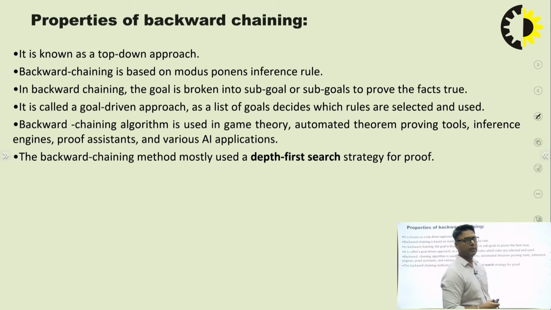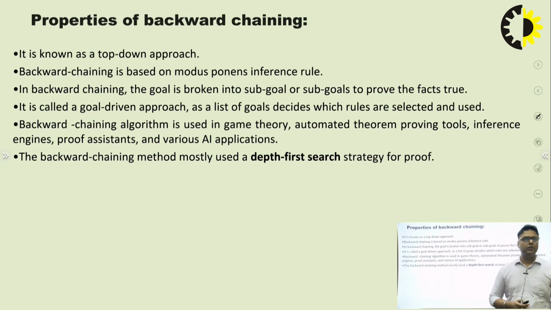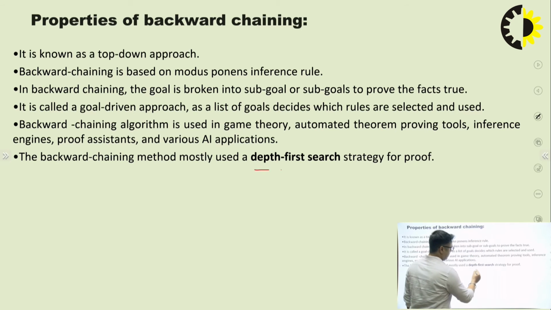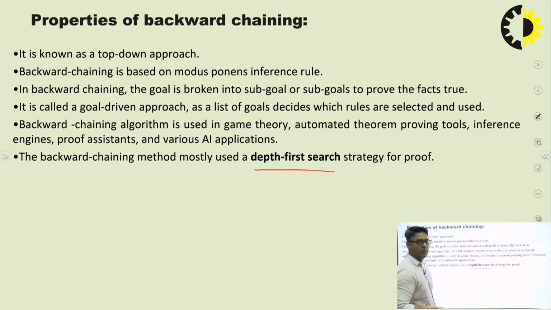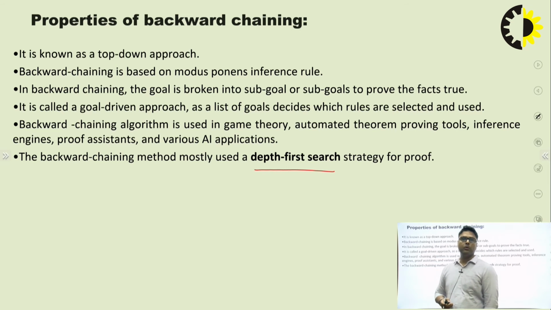The backward chaining algorithm is used in game theory, automata, automated theorem proving tools, inference engines, proof assistants, and various AI applications. The backward chaining method is mostly used in depth first search. In depth first search there is backtracking, because you move from top to bottom. Then I move to a leaf node, but my goal node is not found.